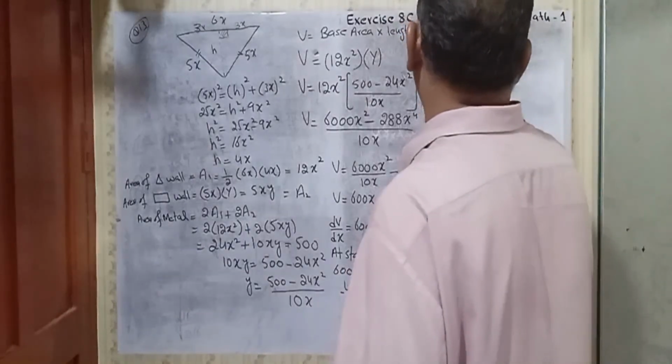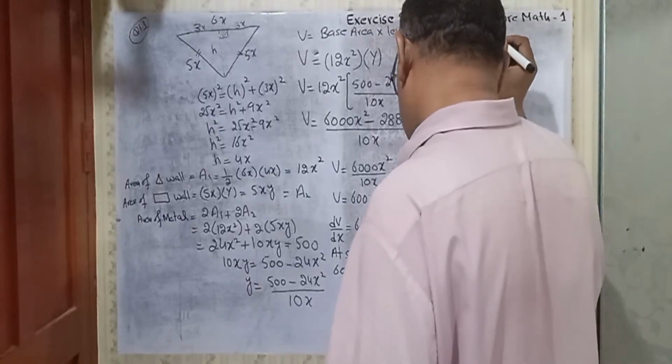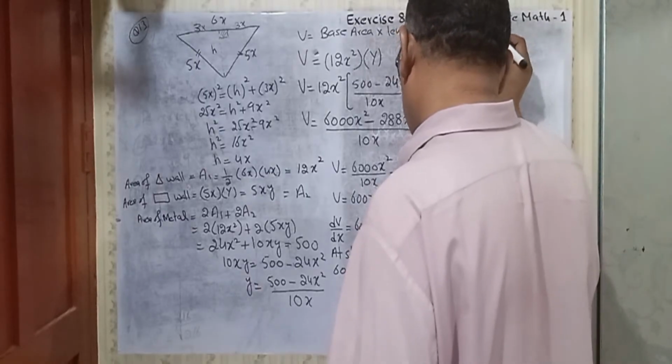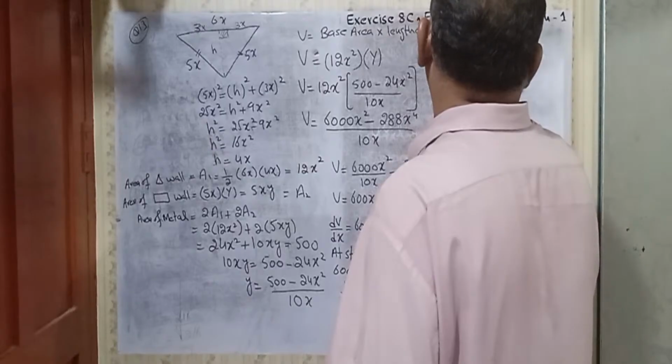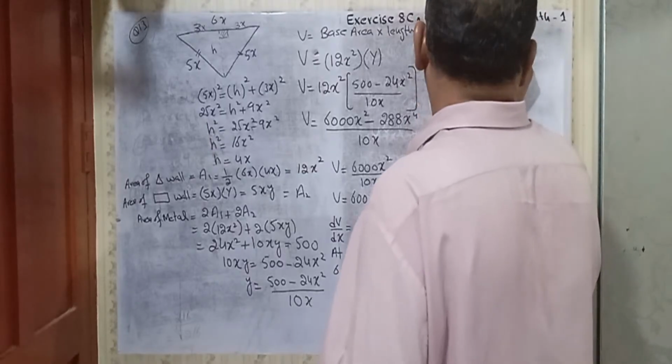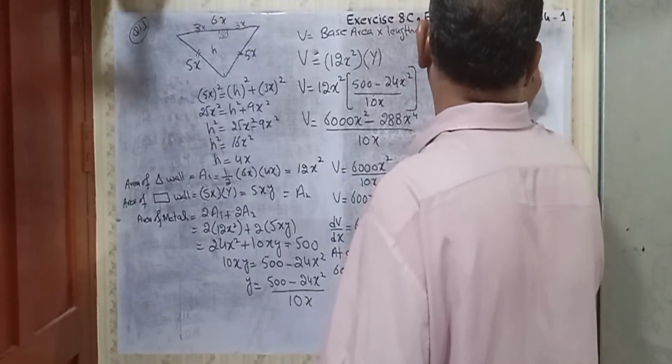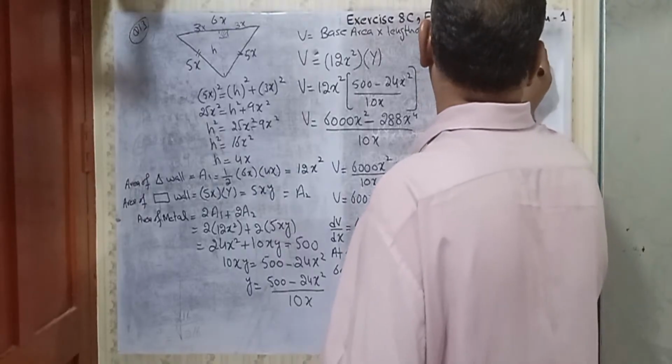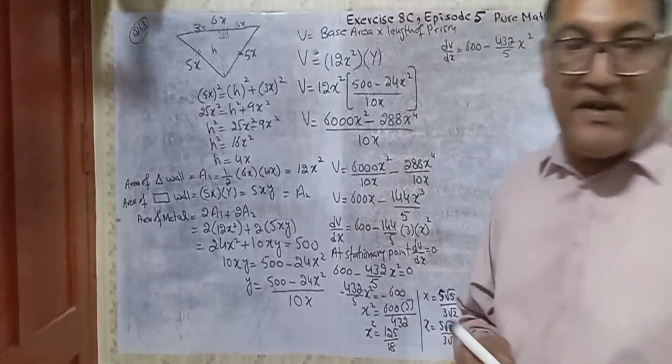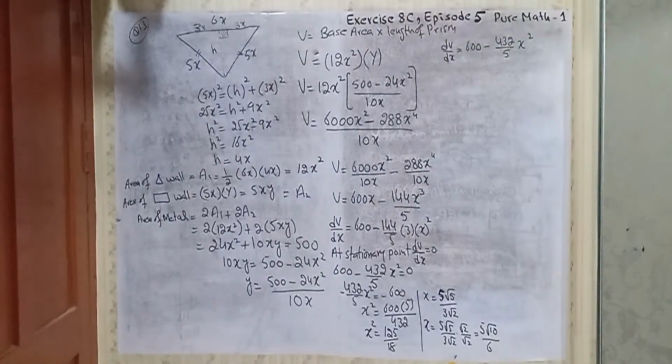dv by dx is equal to 600 minus 432 divided by 5x squared. So this is my first derivative. If I want to find the second derivative, I will differentiate it again.